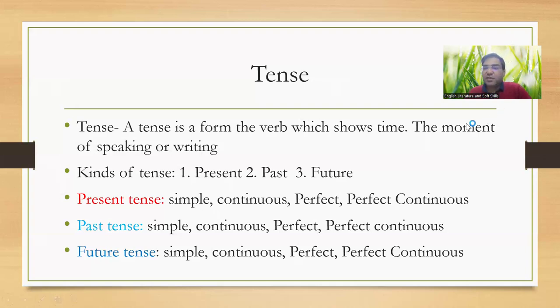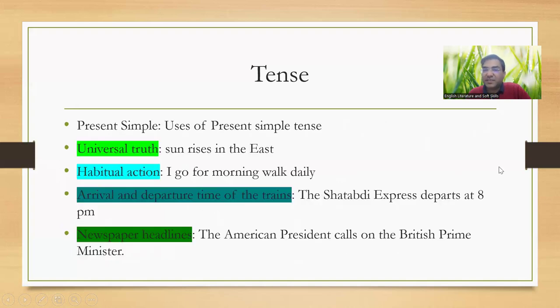And future has the same: future simple, future continuous, future perfect, and future perfect continuous. It means four parts of the present, four parts of the past, and four parts of the future tense. It becomes 12 tenses in English. You need to understand the 12 tenses with clarity. Let's get started.